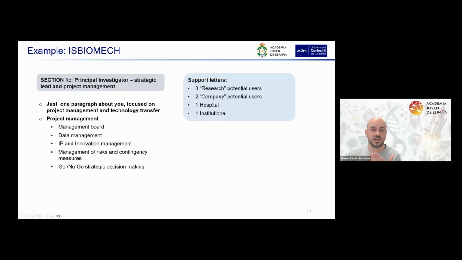In my case, I got the Health Start award from Comunidad de Madrid, and there we have the Fundación Madrid Más D. They provide some help and advising about how to do all this IP and innovation management, so I managed to get a letter from them.